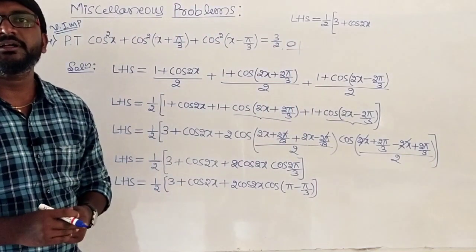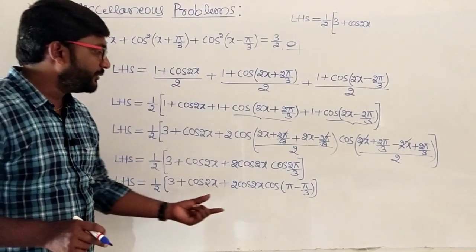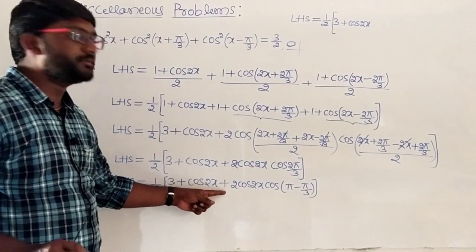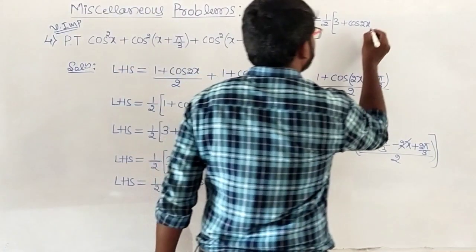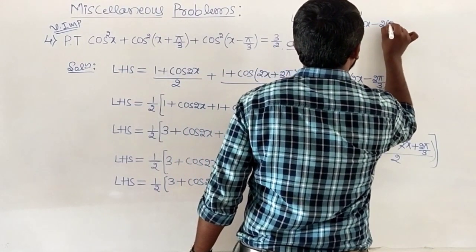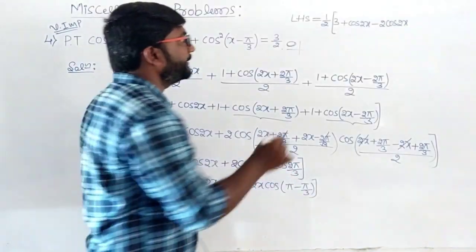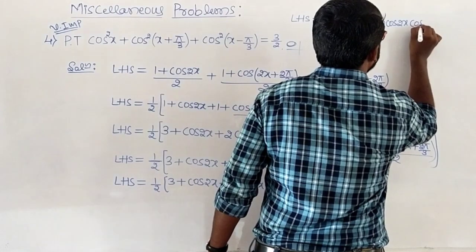In the second quadrant, cos function is always negative. So we get minus cos pi by 3. Minus into plus, it becomes minus. So here minus 2 cos 2x into cos pi by 3.